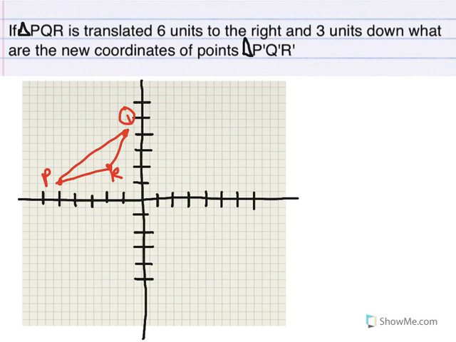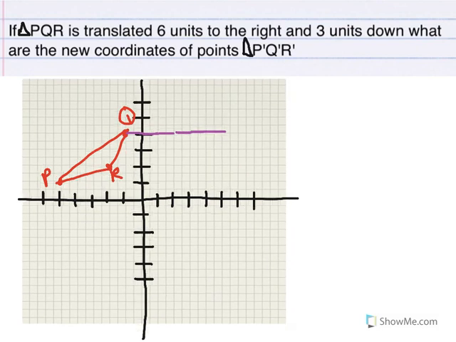I'm moving my point 6 units to the right, so that's 1, 2, 3, 4, 5, 6 units to the right, and 3 units down, so I'm going down 1, 2, 3 units down. So my new point Q prime is going to be right there.